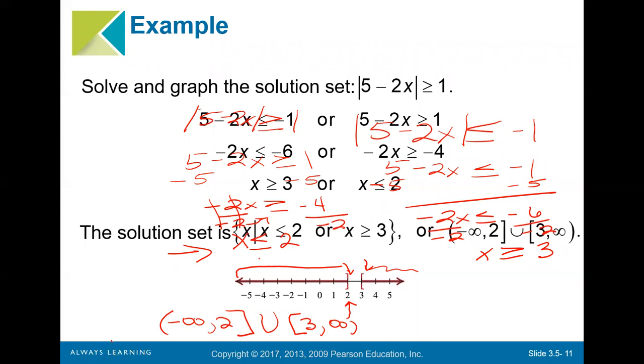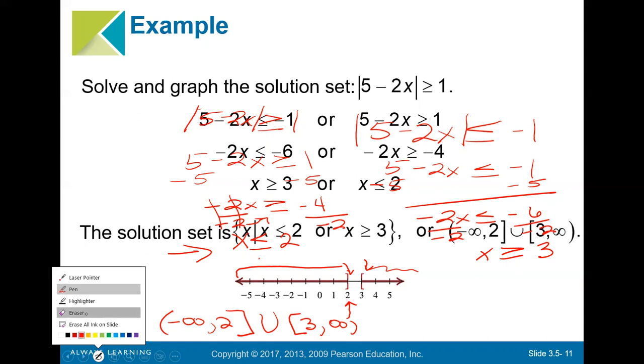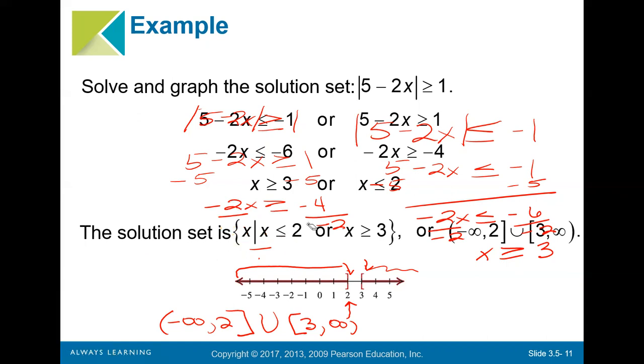And we have the set builder. Let me erase this so you can see the set builder. It's pretty neat. So if you look, it's or. Let me correct my wording. If you had an intersection, this would have been and, because we're talking about this and that.